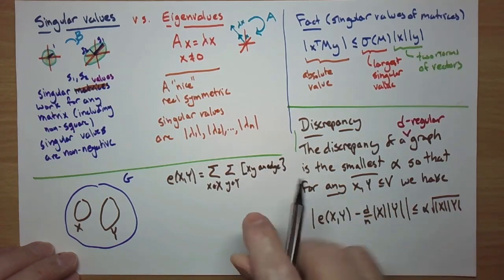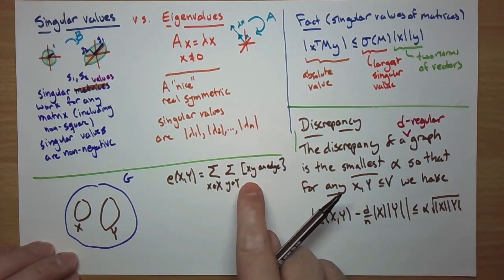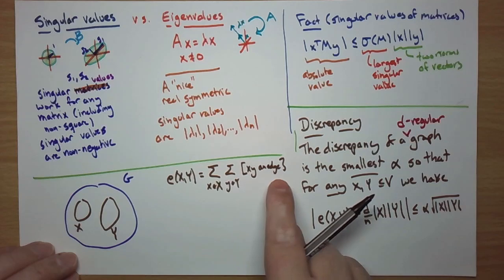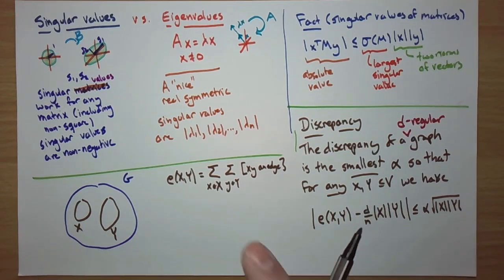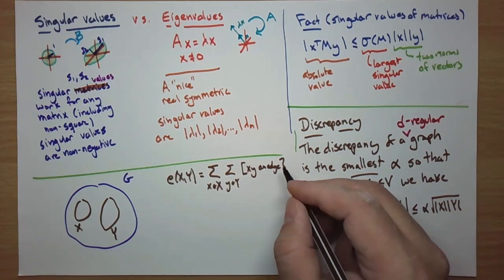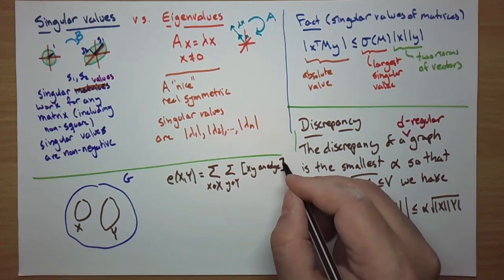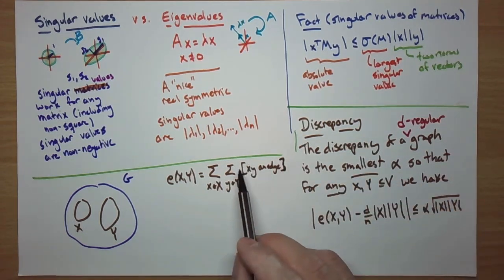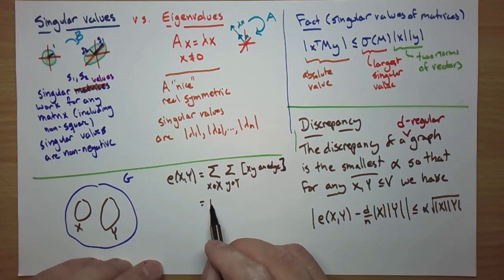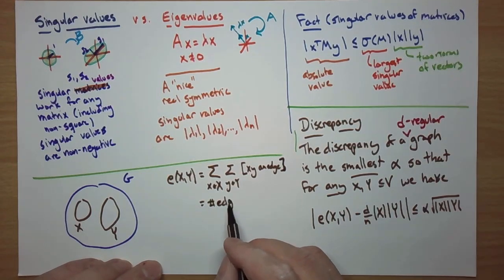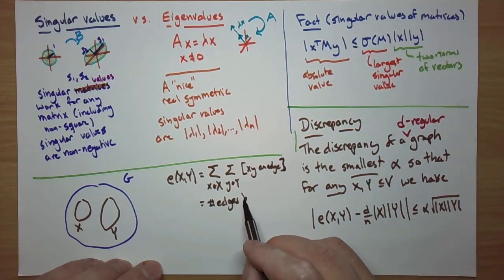So this will be an indicator. Sometimes you'll see this square bracket notation. I think this just shows up in Concrete Mathematics, which is a book. It's a good book. It's still in print. And it's not about making cement. So the square bracket is either 1 if it's an edge, 0 if it's not an edge. So you're counting the number of edges. So this is the number of edges between x and y. And you just have to be careful with overlap.